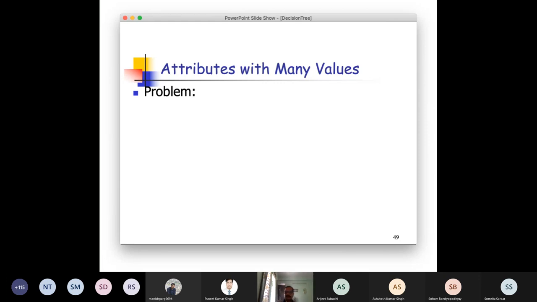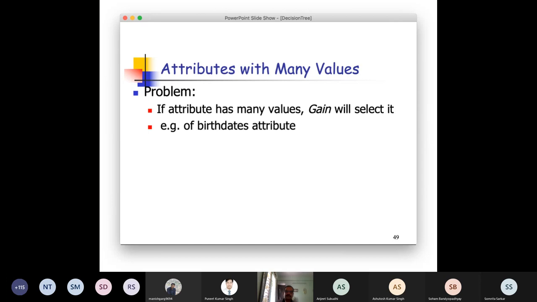Now, let us come to this particular scenario when you have attributes with many values. In that case, as I was mentioning, information gain will be biased toward them, because when you are partitioning them, your partitions will be small, usually of the same data, and then the corresponding entropy is likely to be also smaller, and the average entropy would be smaller.